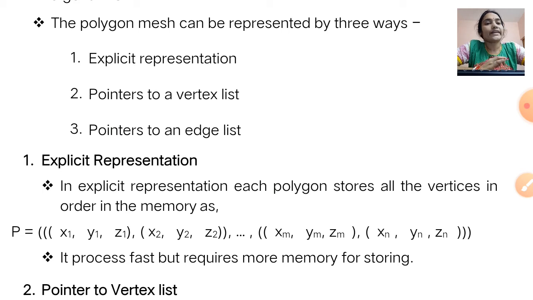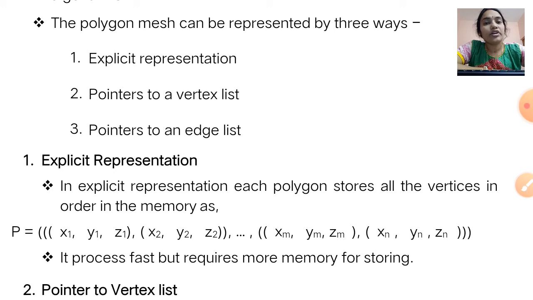That means in the explicit representation, each polygon stores all the vertices in an ordered form in the memory. How can it be stored? Suppose P is a polygon.